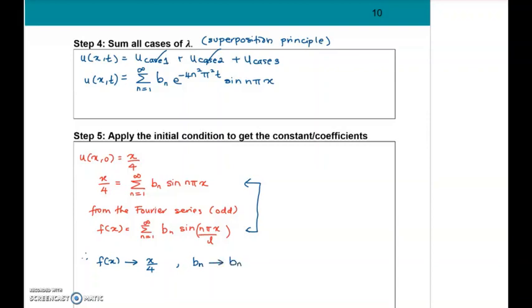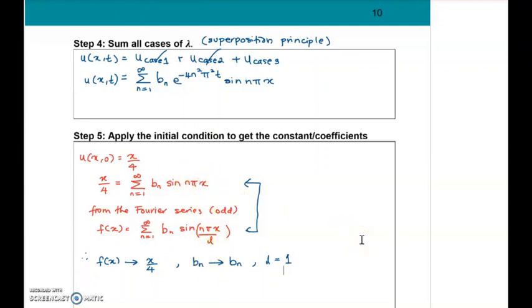That's why in step number 3, I put the Bn, so that you can see it easier, because it is the same notation that we used in the Fourier series. And L in the Fourier series is 1 according to our equation, because here we have n pi x over L, so L is 1.